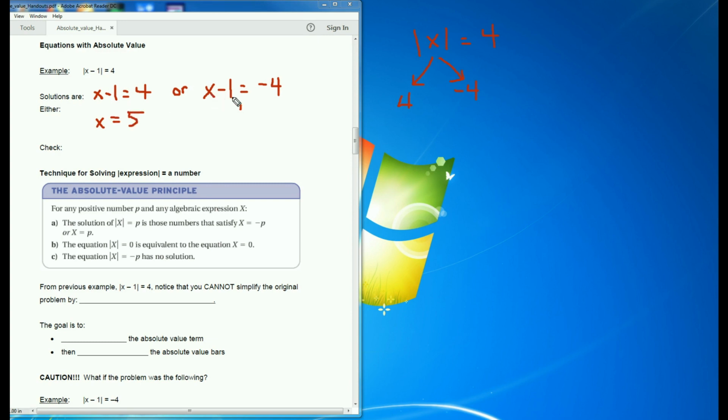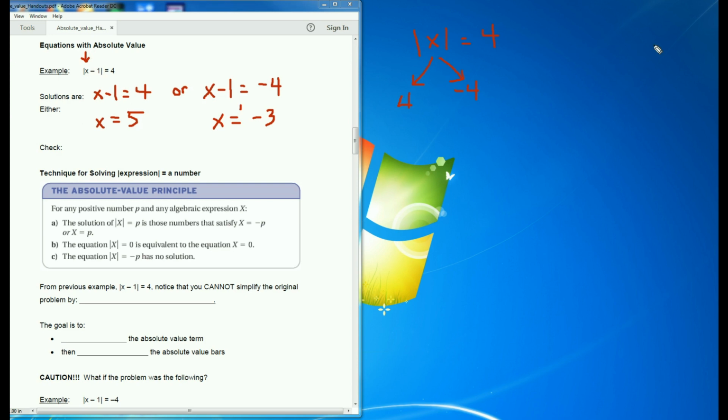In this case, add 1 to both sides, and you get x equals, let's see, -4 plus 1 is -3. So x either equals 5 or -3. You could take either of those values if you wanted to check and just plug them back into the original absolute value equation and verify that they work. Okay.